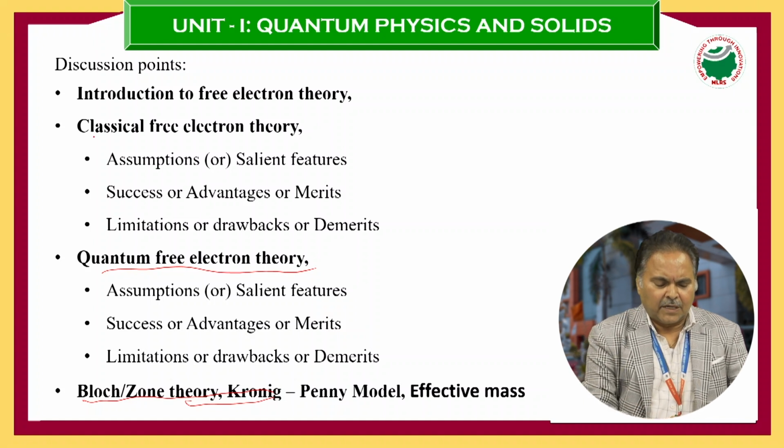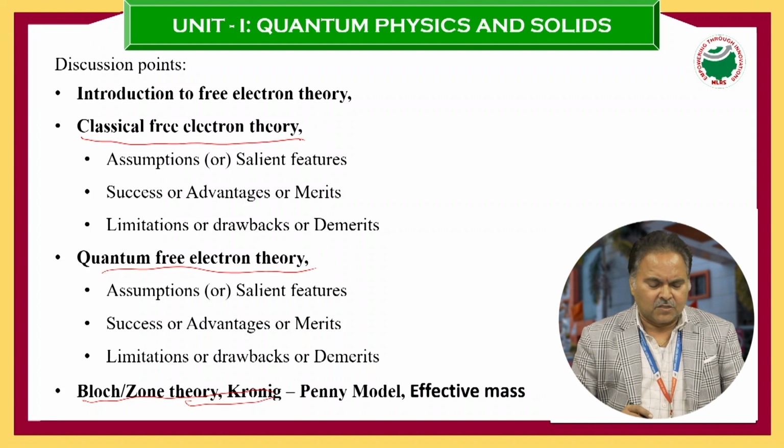Initially there is the classical free electron theory, which is very useful to explain the properties of materials. It may be magnetic materials, transport properties or dielectric properties, all types of structure, everything will be explained in terms of free electron theory. That free electron theory has 3 stages.